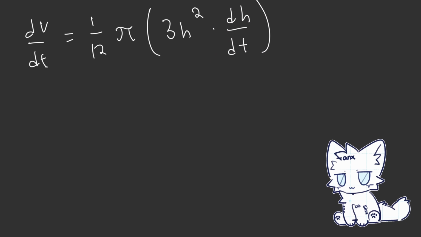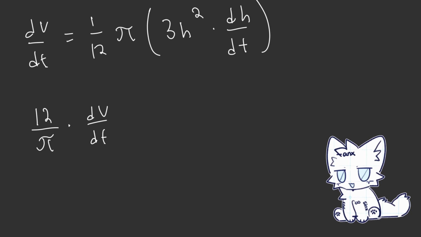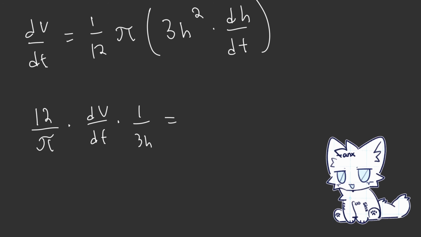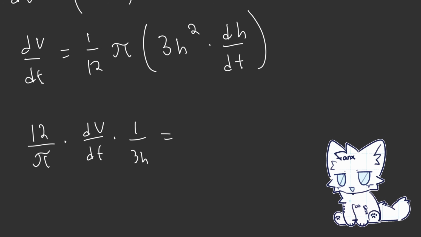That would be 12 over pi times dV/dt, and that is equal to, I forgot to do something, times 1 over 3h squared. There we go. Now that is equal to dh/dt.